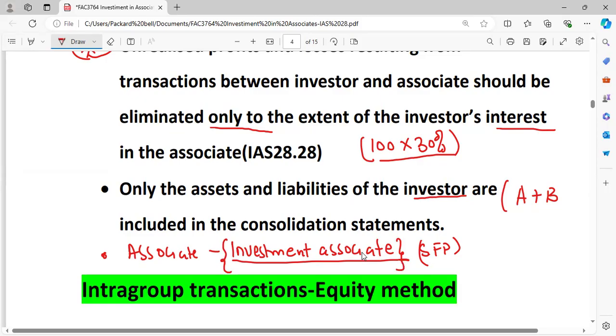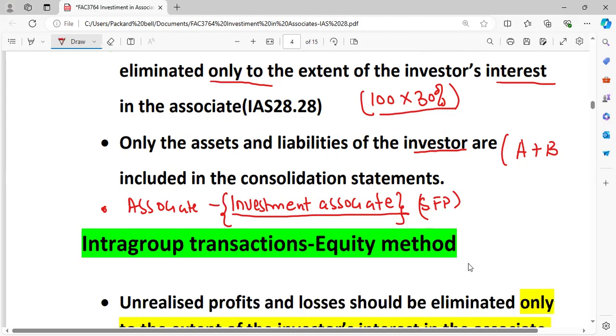The same applies when you do your profit and loss. You are not going to include everything for the associate. You only need one line item for share of profit in associate. So you should also calculate this.